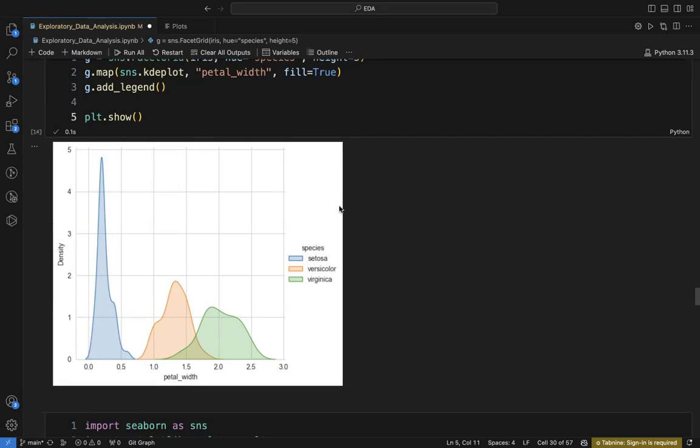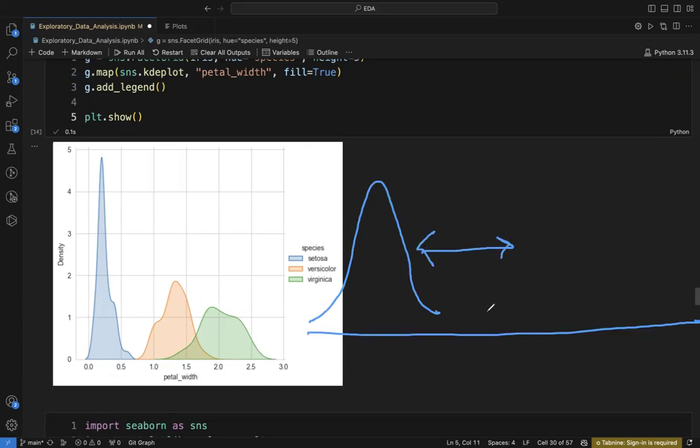If let's say we have three distributions like this, the farther these distributions are, the better they are. And the closer these distributions are, the less useful they are for us.